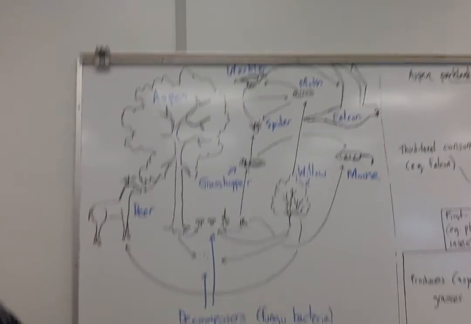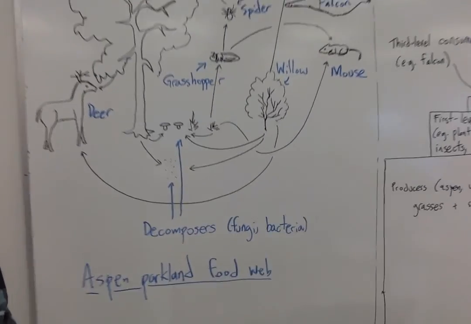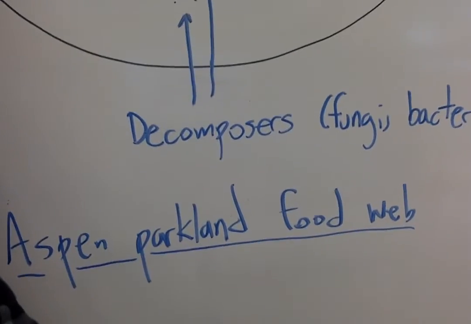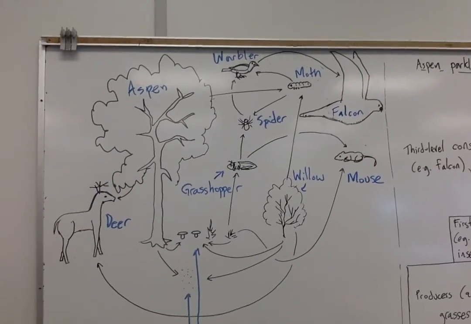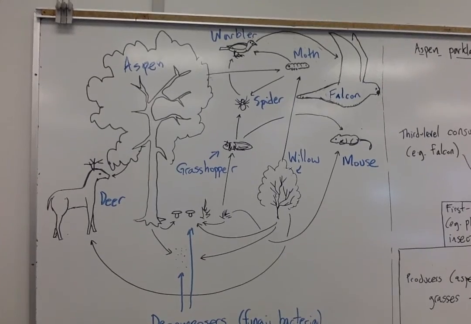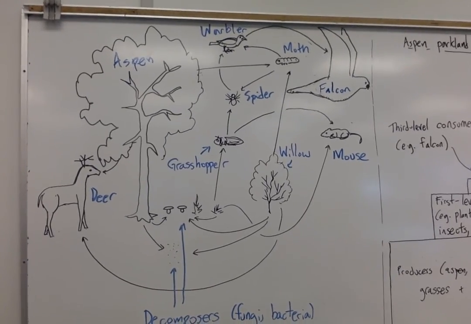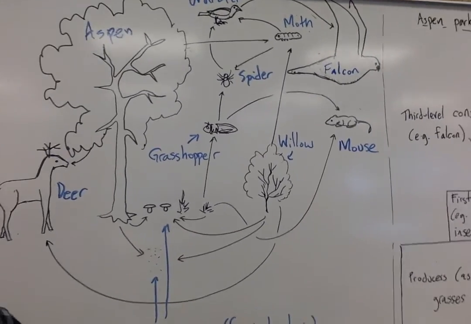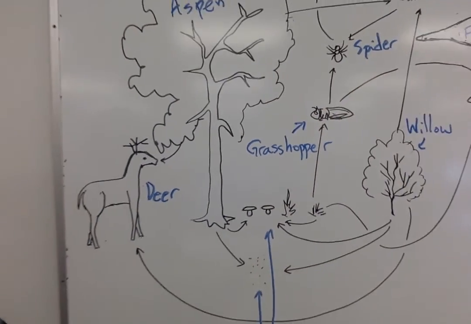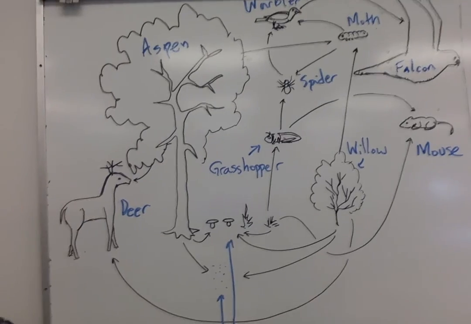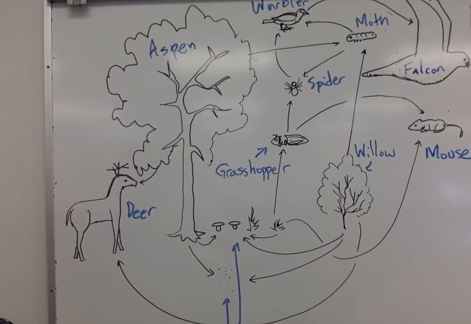First of all, what I want you to notice is that in this aspen parkland food web, I've got a lot of the major players that you may be familiar with, but maybe you haven't seen all of them. And that in itself is kind of a bit of a lesson. So we've got deer here. The aspen trees are those really big ones with the whitish bark.